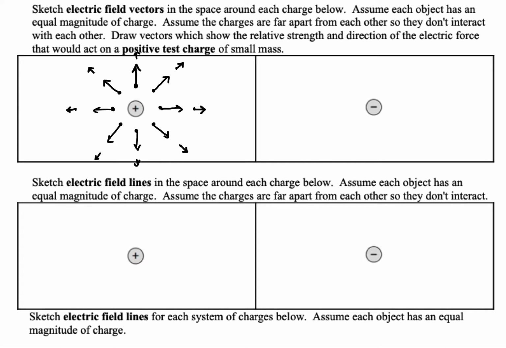Now let's do the same for a negative charge. Once again, we'll pick some arbitrary points around our charge. But we want to show what the direction of the force on a positive test charge would be. Well, just imagine that there was a little positive charge there. Which way would it be pulled? Would it be pulled toward the negative or away from it? The answer is it would be pulled toward it.